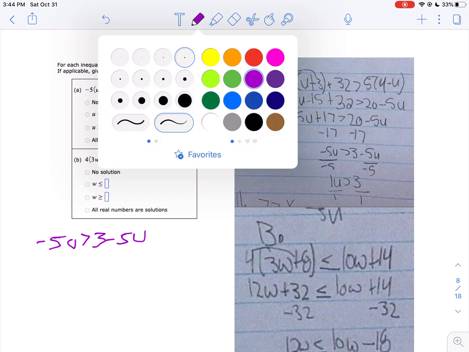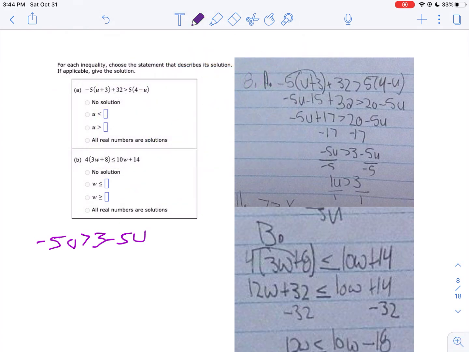Now we're going to add 5u to both sides because the opposite of subtracting is adding. And notice 5u minus 5u, that's 0. Is 0 greater than negative 3? No, it's not. Since that is false, we're going to say no solution.